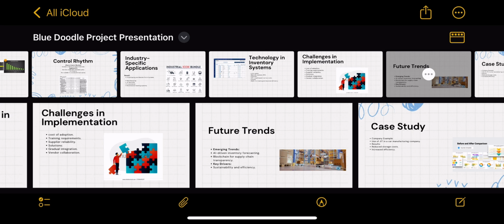For example, if a car manufacturing company uses JIT, just in time, the result will be reduced storage cost and increased efficiency. Why? Just by applying just in time, we can achieve lower costs and increased efficiency.